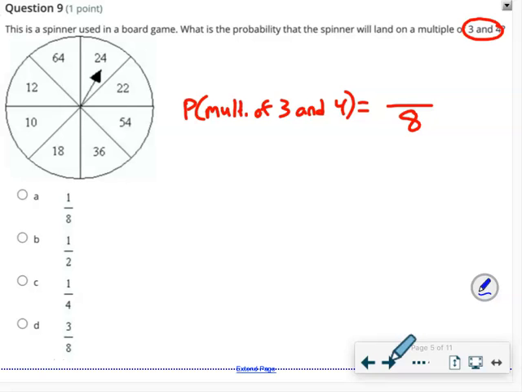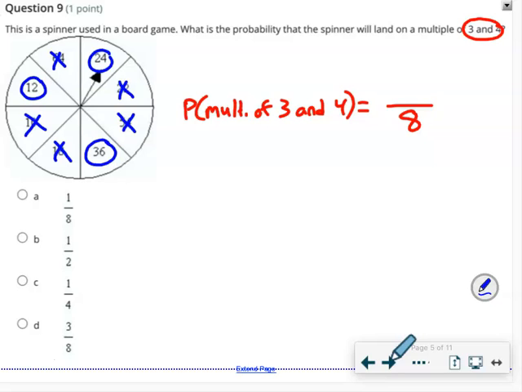The number 12, 3 and 4 both go into that. The number 10, neither go into it. 18, 3 goes into it, but 4 does not. 36 is a multiple of 3 and 4. 54 is a multiple of 3, but it is not a multiple of 4, so that one doesn't work. 22 is not a multiple of either. 24 does work. 64 is a multiple of 4, but not a multiple of 3.